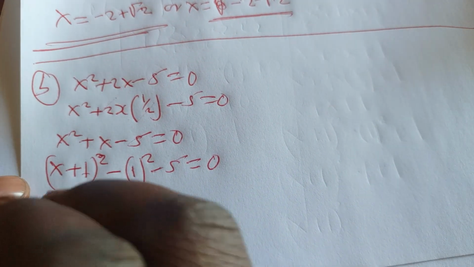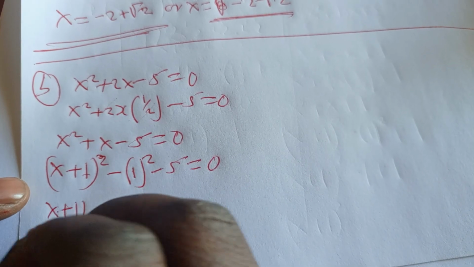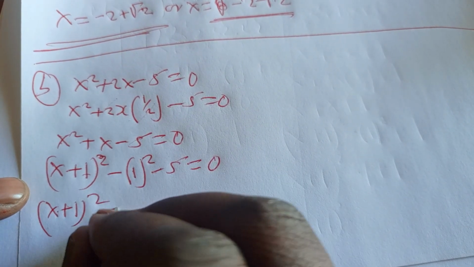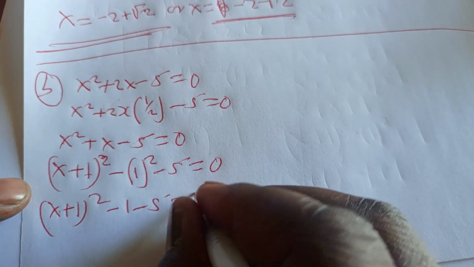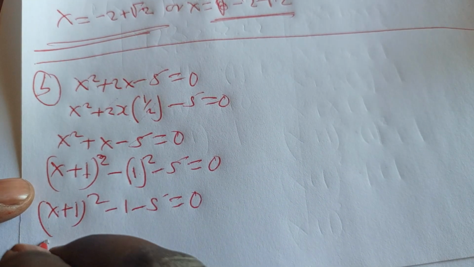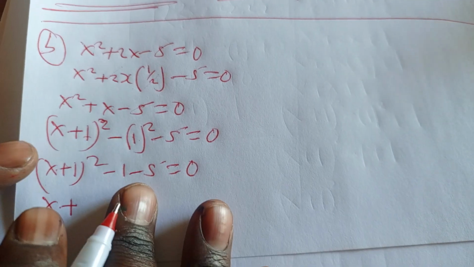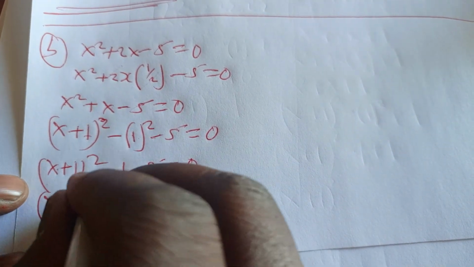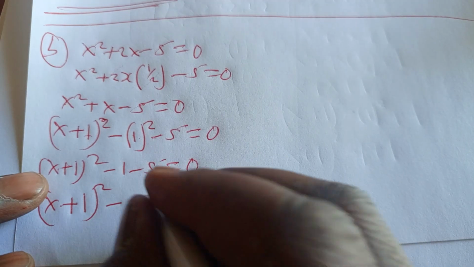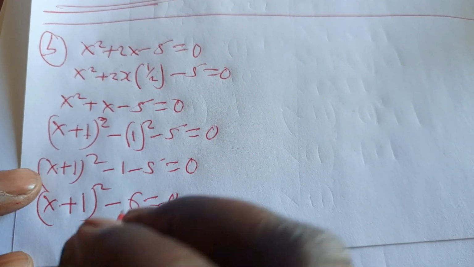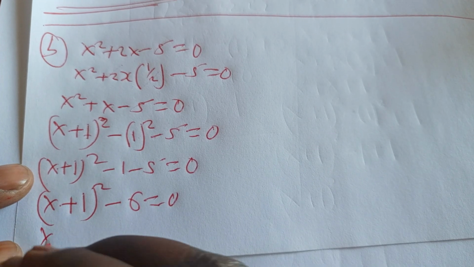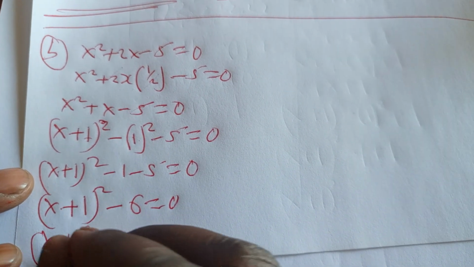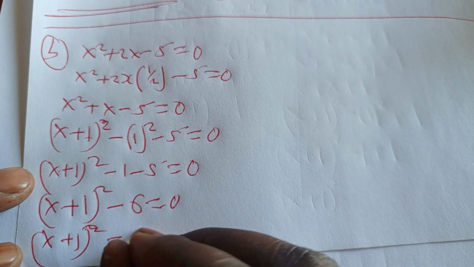Okay, so I'll say x plus 1 squared minus 1, because 1 times 1 is 1, then minus 5 is equal to 0. So x plus 1 squared minus here to be 6 is equal to 0. So again it will be x plus 1 squared here is equal to 6.